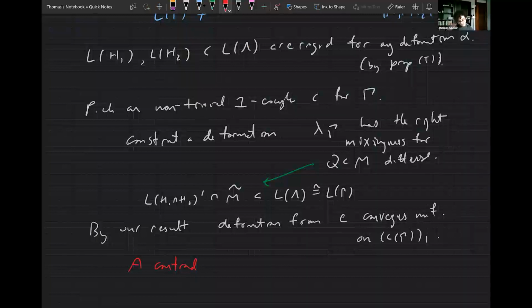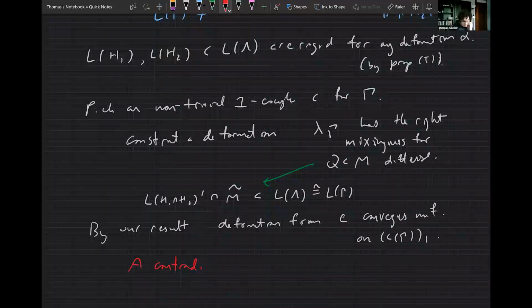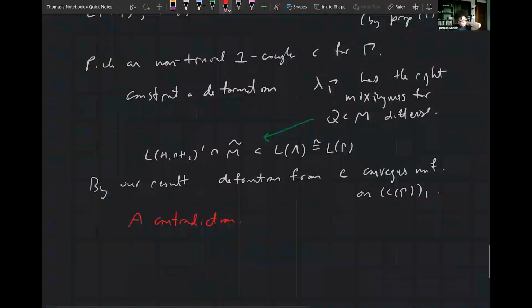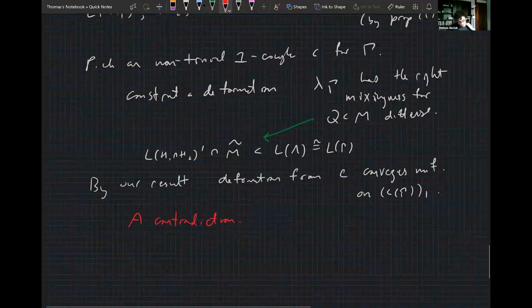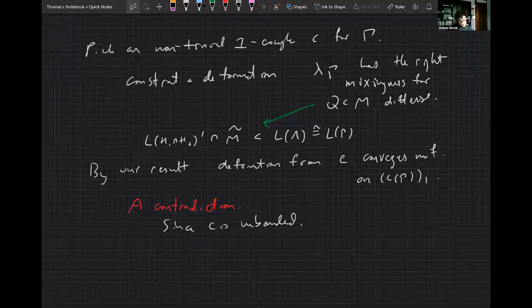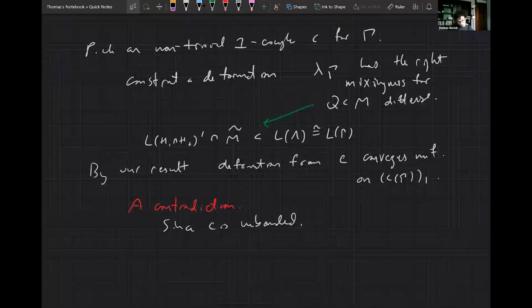It's a contradiction because you can check that if you have a non-trivial one cocycle, it has to be unbounded. And just by the literal description of what this deformation does, you can check that the unboundedness implies that it can't converge uniformly. And so that does it.